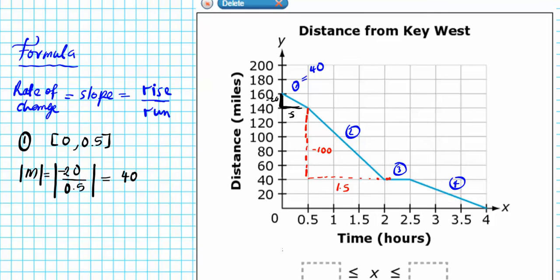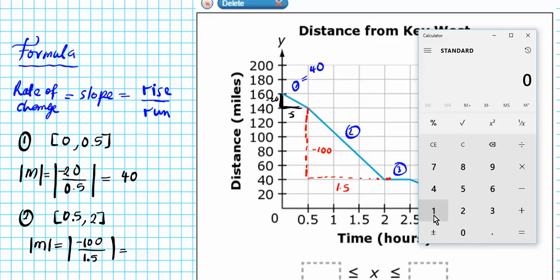For interval 2, that's from 0.5 all the way to 2. The absolute value of our slope, which is the speed, is rise, negative 100, over run, 1.5.